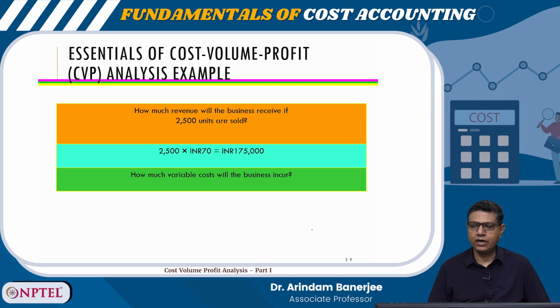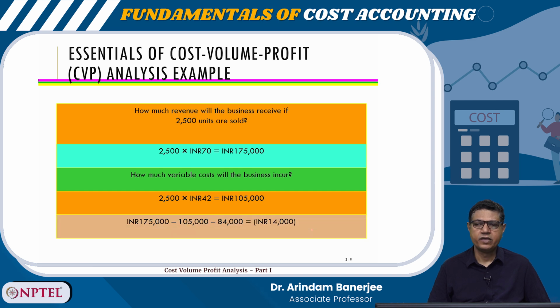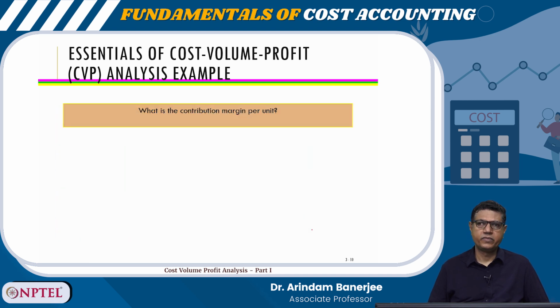Variable cost is 2,500 into what is the variable cost per unit? 42. So, 2,500 into 42, 1,05,000. So, my profit or loss is here: rupees 1,75,000 is the sale revenue minus 1,05,000, the variable cost, minus 84,000 the fixed cost. So, the loss is 14,000, right.